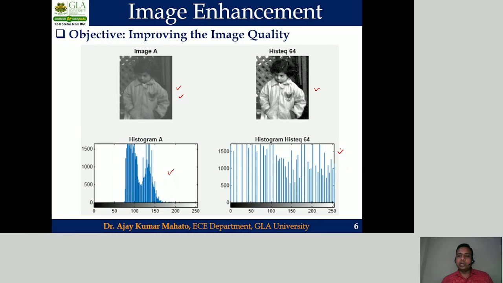Since the histogram of the output image is wider, we obtained a high quality image output from this low quality input image A. This project work I made in MATLAB.